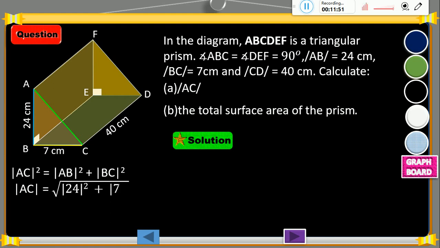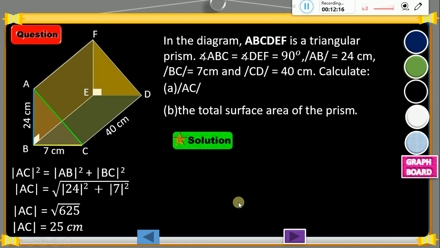AC is equal to square root of 24 squared plus 27 plus 7 squared. Now the square of 24 and 49 are shown. AC is equal to square root of 625. Therefore, AC is equal to 25 centimeters.